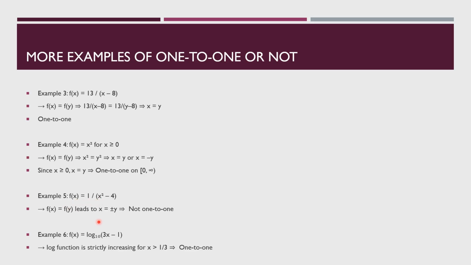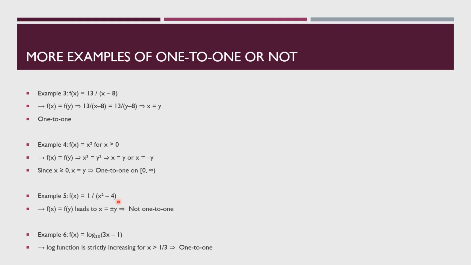For this case, we have x equal to plus or minus y. There is no condition here like in example number 4. So here it means that we have two answers corresponding to x, which means that x is plus y at the same time x is minus y.